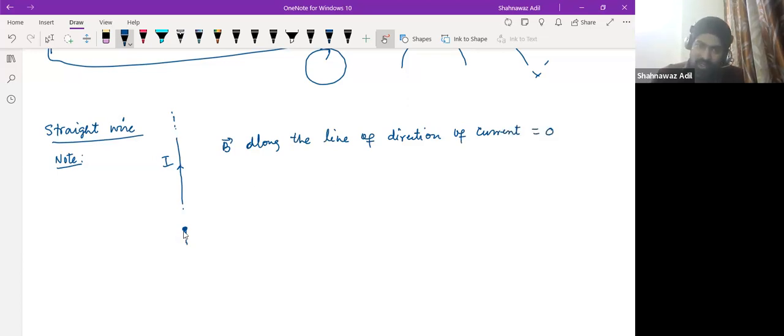So let's say this is some point A. The magnetic field at A would be 0. Is it clear? Yes, sir. This is the first thing that we have to remember.